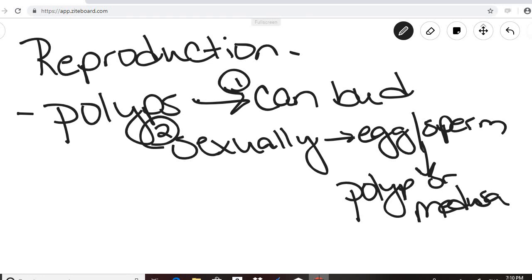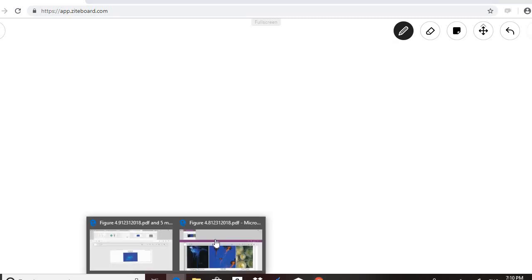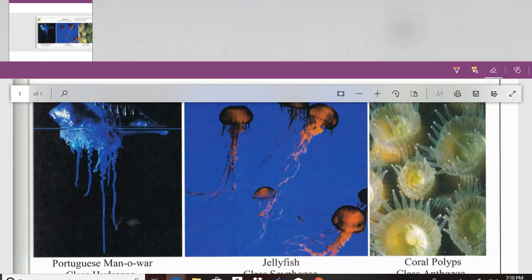So polyps can bud to reproduce. They can also reproduce sexually through the formation of eggs and sperm. So let's look at one of these pictures. Let's go back to the previous one, actually, if I can get back there.